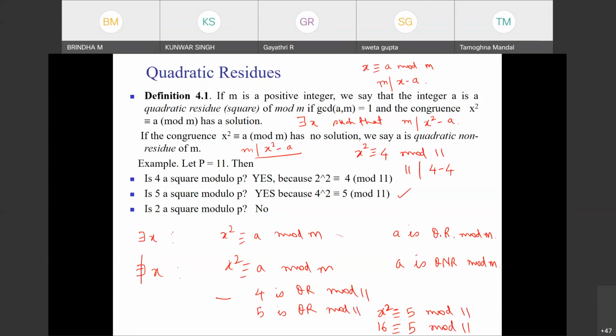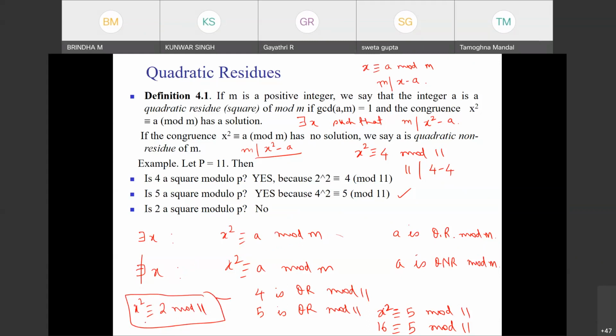What about 2? If I put X square congruent 2 modulo 11, is there any X? You try all the values of X, 1, 2, 3, 4, 5, 6, 7, 8, 9, 10.